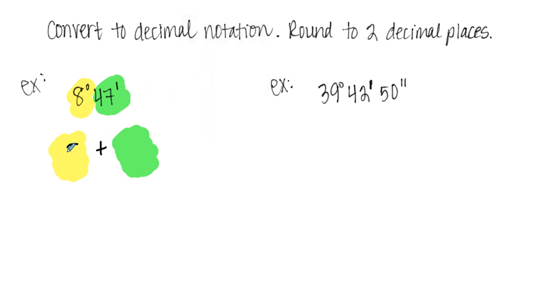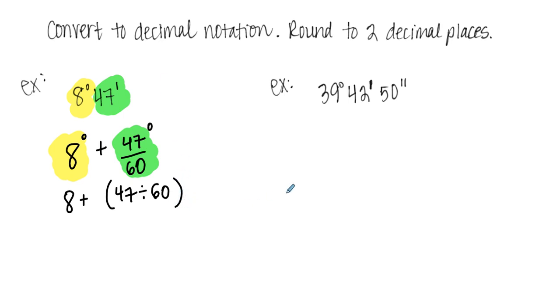So we're going to have 8 degrees plus 47 minutes out of 60 minutes. That converts 47 minutes to degrees. So 8 degrees, 47 minutes is 8 plus 47 over 60. And that's the same thing as 8 plus 47 divided by 60.